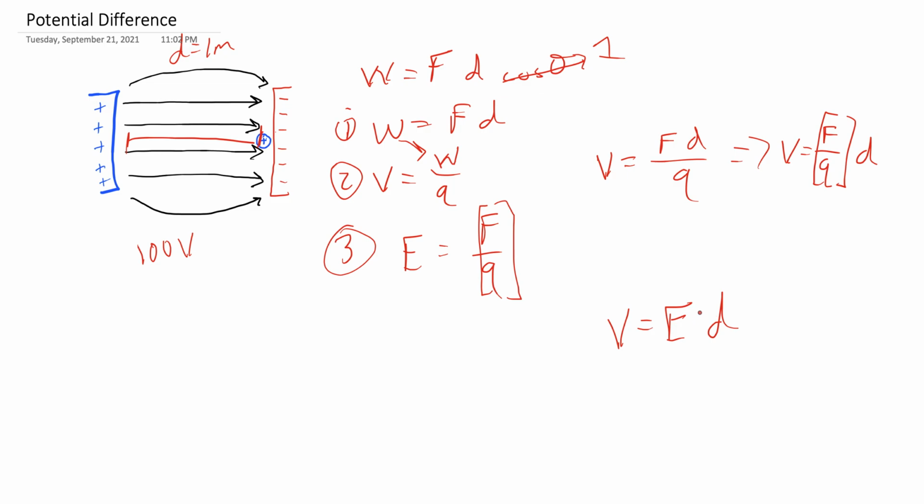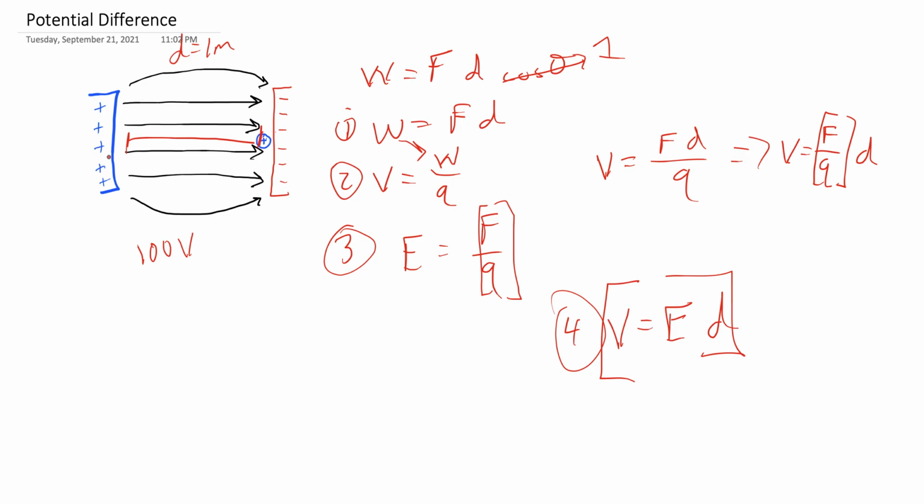That means that the electric field must decrease because my voltage is remaining the same. My potential difference is still 100 volts. So this is equation number 4. I will say that it might be useful for you, not given in your data booklet. It's not a hard derivation. You could probably figure that derivation out, but it's one thing that might be helpful as we solve some problems.